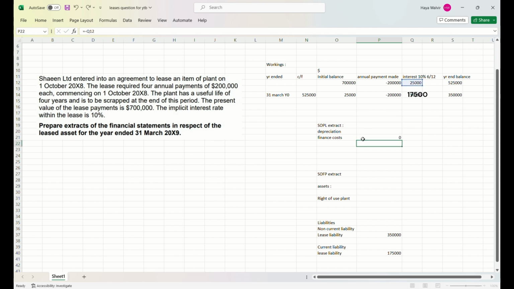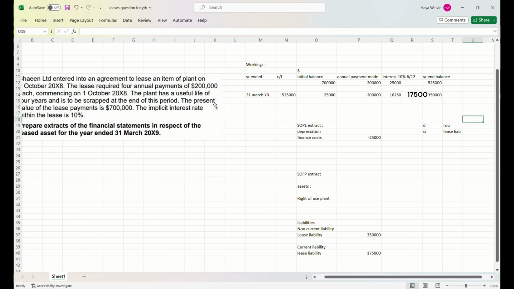So for depreciation, if the present value of lease liabilities is 7 lakhs, that is the initial balance, and that will also be equal to the right of use asset, because the journal entry passed for them is debit ROU, right of use asset, and credit the lease liability. Initially, this is the initial journal entry.